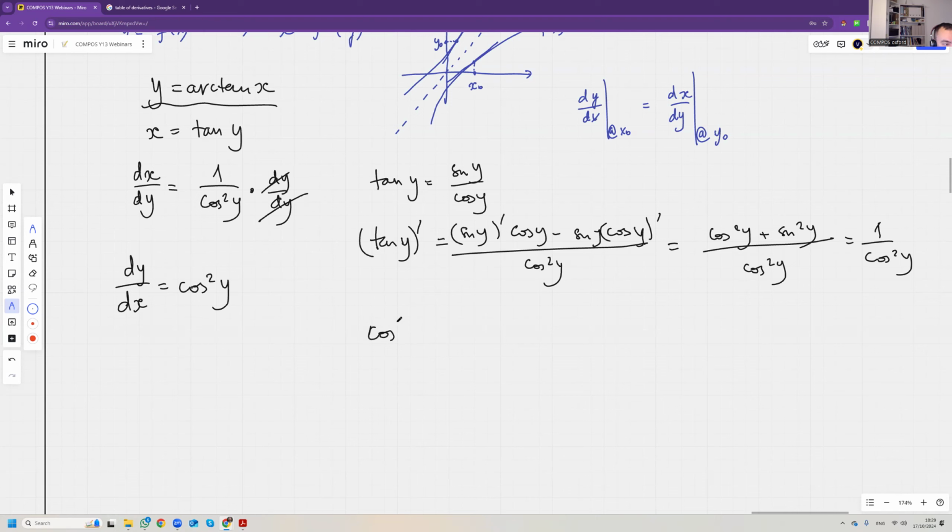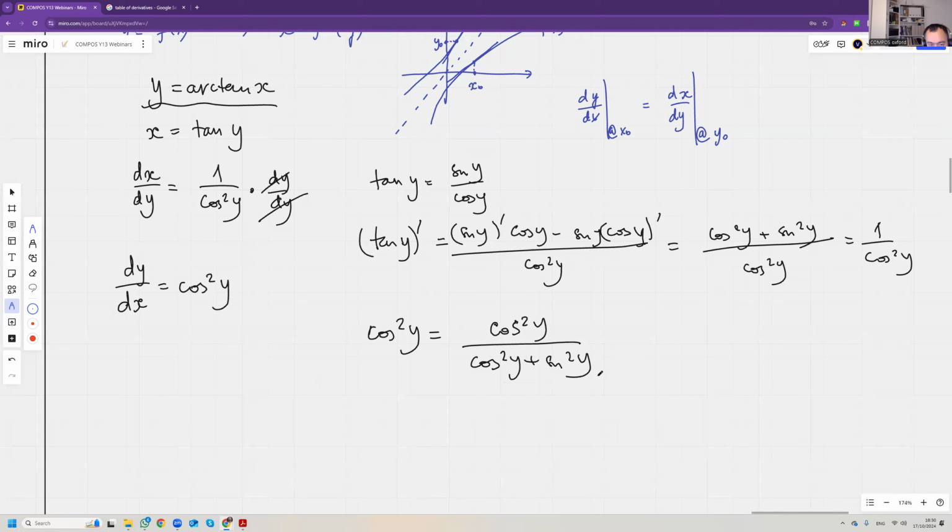So cos squared y can be written as cos squared y divided by cos squared y plus sine squared y.